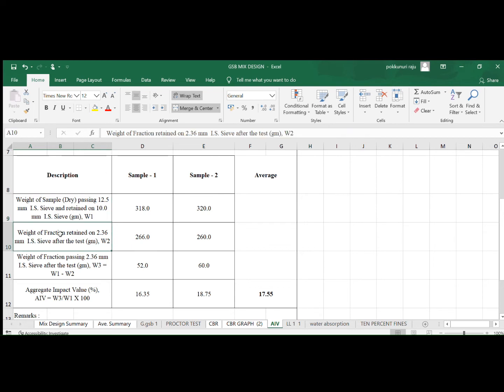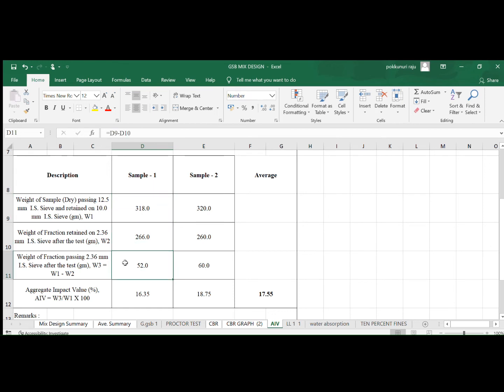Once it is crushed with an impact, the weight of the fraction retained on the 2.36 mm IS sieve is noted down. Now the percentage of fraction passing the 2.36 mm IS sieve is calculated, which is the difference between the initial weight and the final weight.